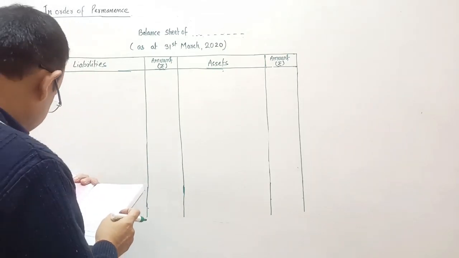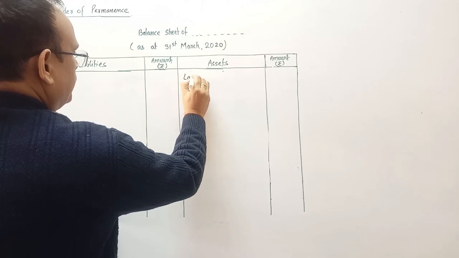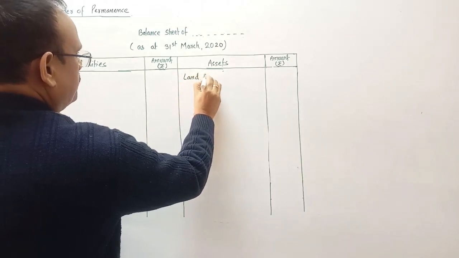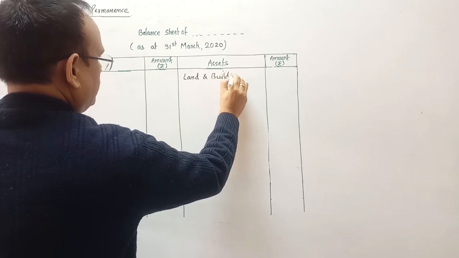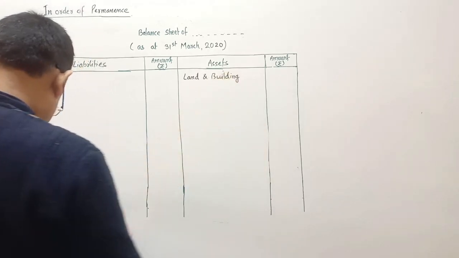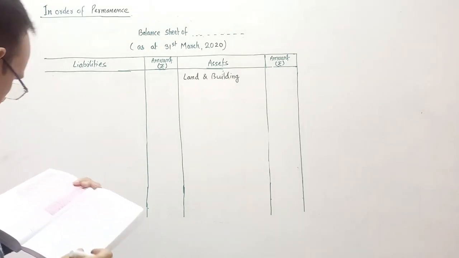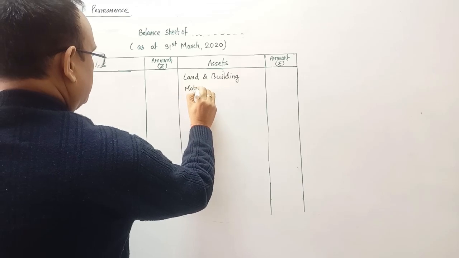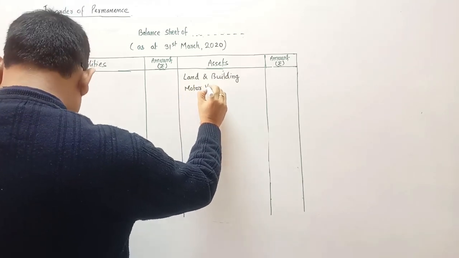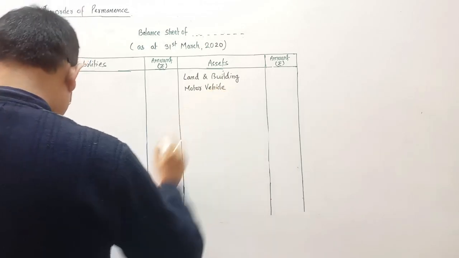So find out the fixed assets. Number one, land and building. So land and building, you write it at first. Okay. Next is motor vehicle. Motor vehicle, it's a non-current asset, it's a fixed asset.